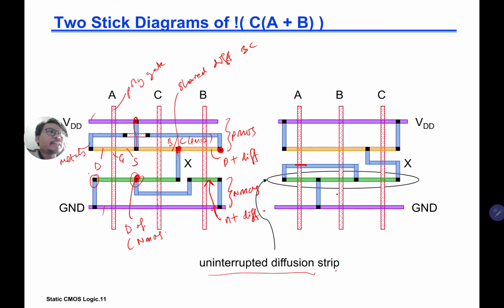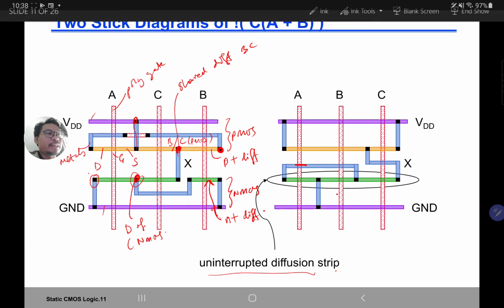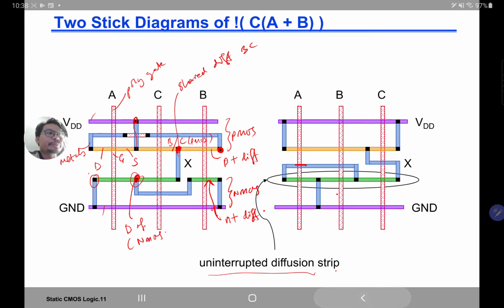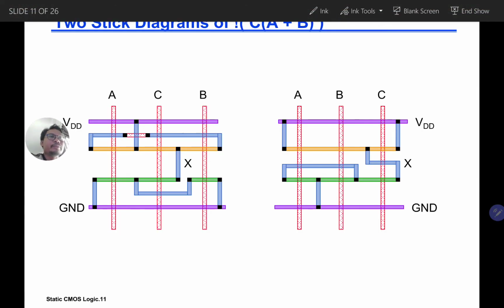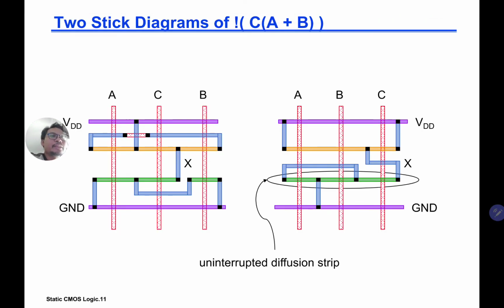Okay, so let's have a quick look at what interrupted and uninterrupted mean. Let's remove all this, it's a bit messy. So we see here there's an uninterrupted diffusion strip, the N plus, and here we have the interrupted. Why is it interrupted? Let's have a look at the C and B transistors for the NMOS.